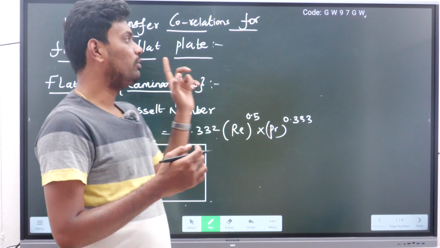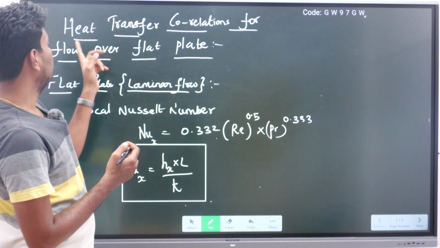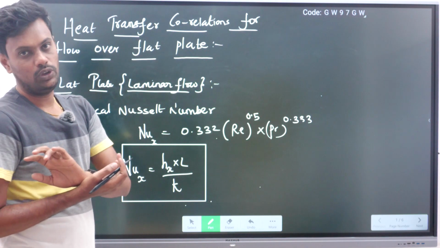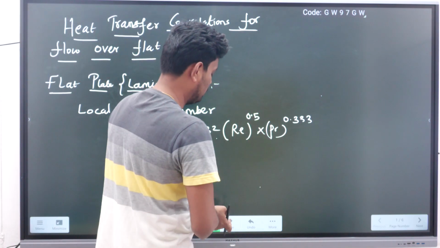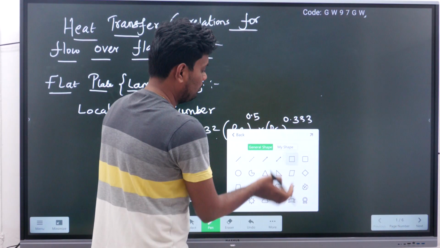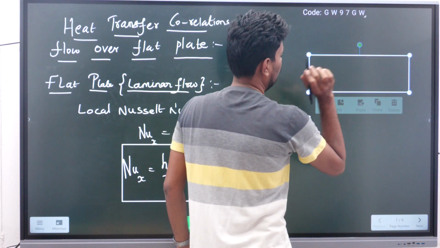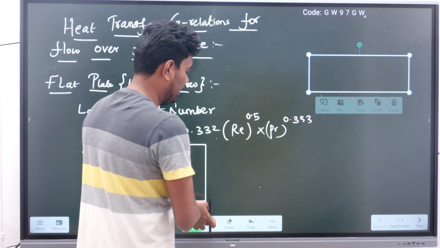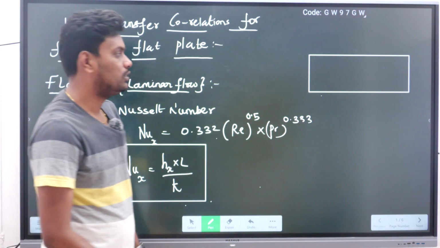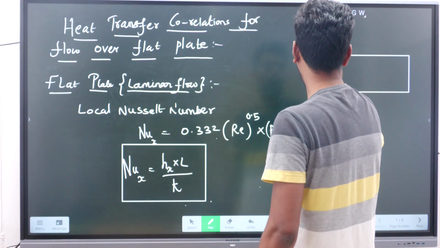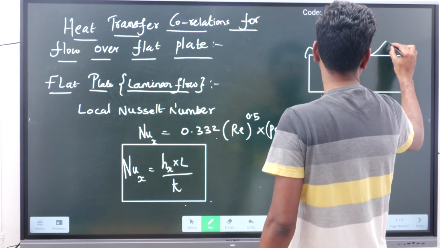So first we are dealing with external flow, because this is heat transfer correlations for flow over a flat plate. Okay, so let us take this example. Here I am taking one plate. Let us consider this as one plate, in which air or any liquid is flowing over the plate.